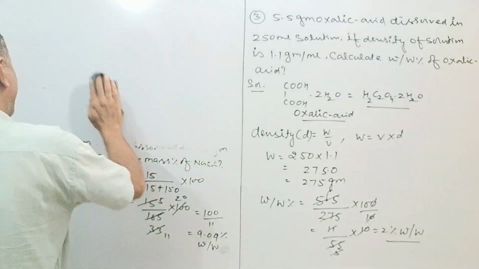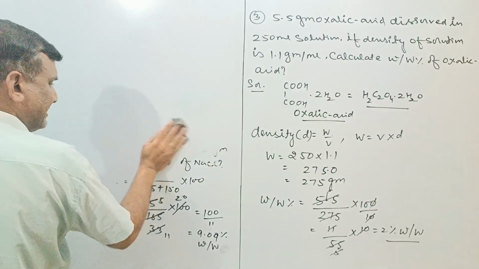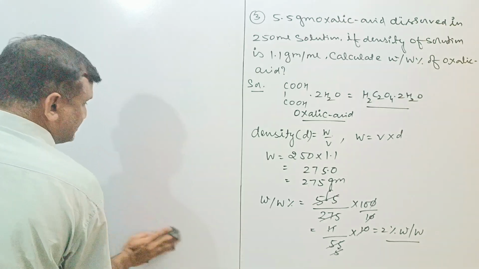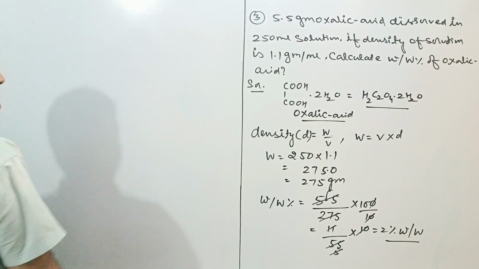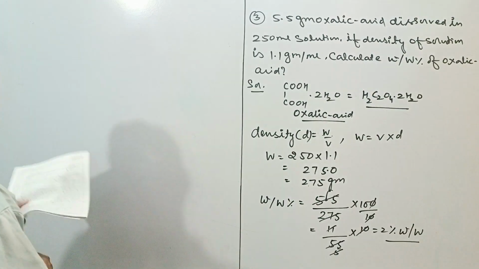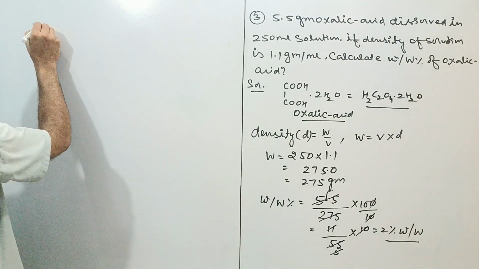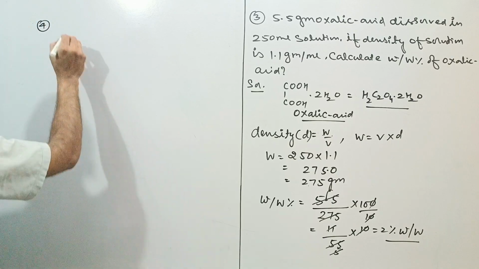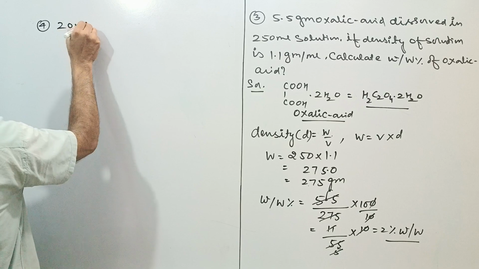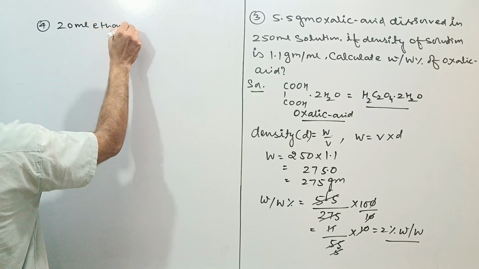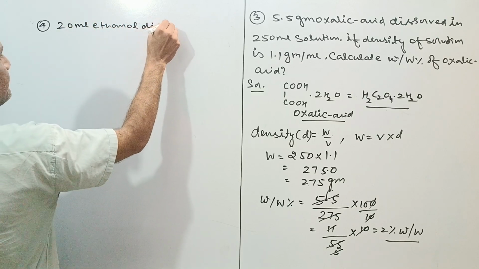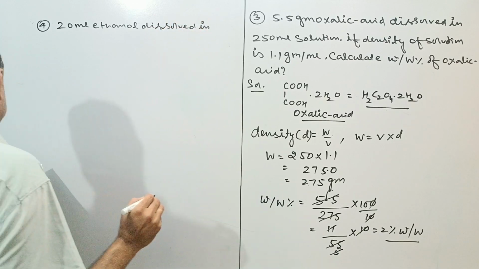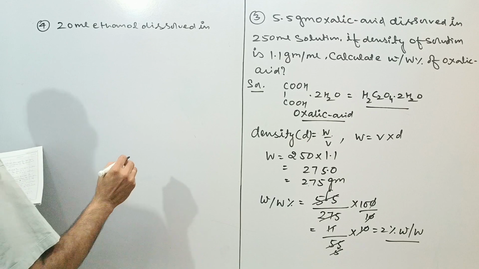So be with me. I'll take a lot of questions and a lot of formulas regarding the conversion of different concentration units. So this is the fourth question: 20 ml ethanol dissolved in 160 ml water.